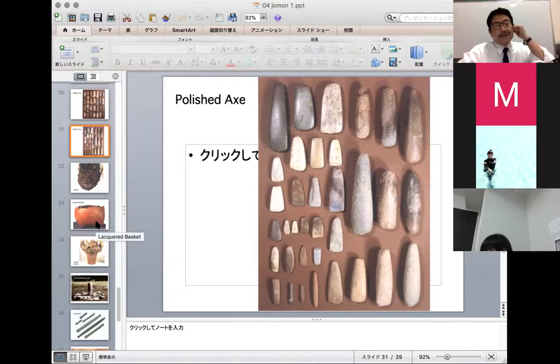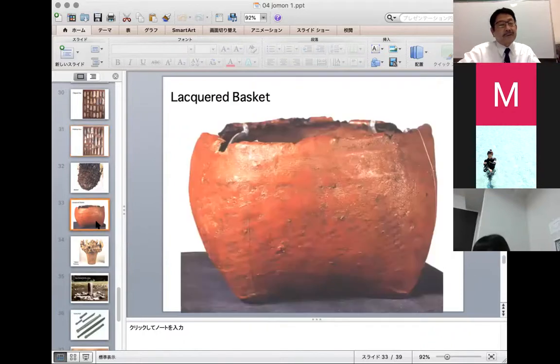There is still controversy about the origin of lacquer work, and there is lacquer work in China from early times too. Some people would say it was introduced to Japan, but other people recently would say this is original to Japan because they did DNA analysis of these lacquers, and they found DNA patterns different from Chinese lacquers.